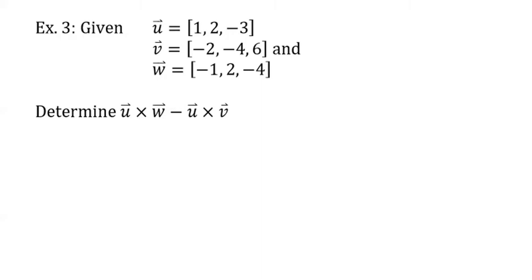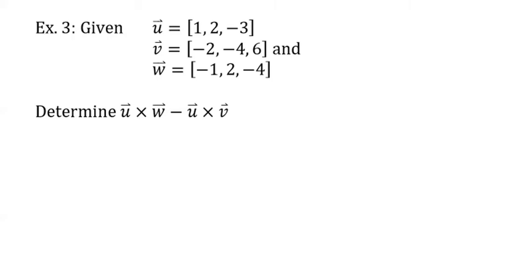And there will be a lot of questions where it's like, given vectors A, B, C, given vectors U, V, W, do a whole bunch of different things. Determine this operation. Find a vector orthogonal to both U and W. Show that it's orthogonal to W. All kinds of different things like that. Okay, that's what the test will be.